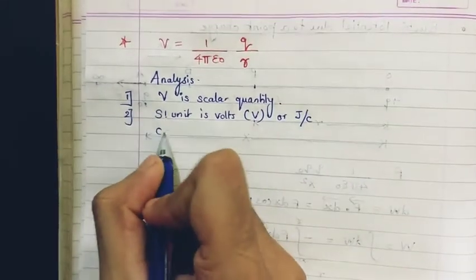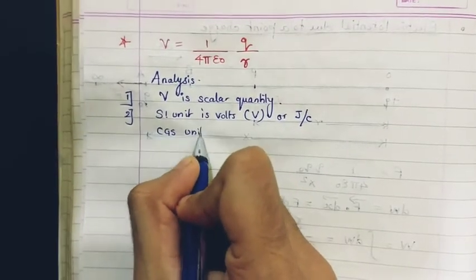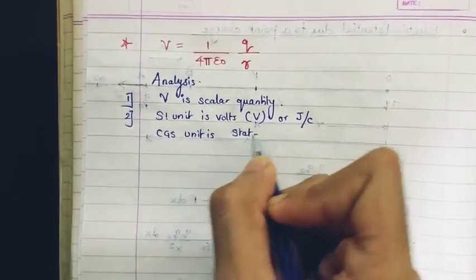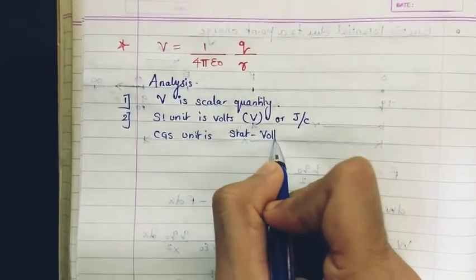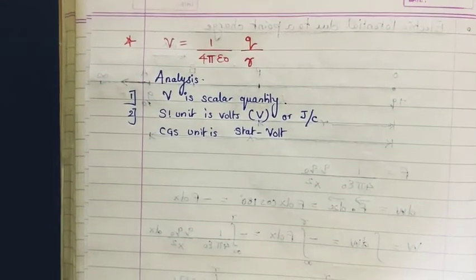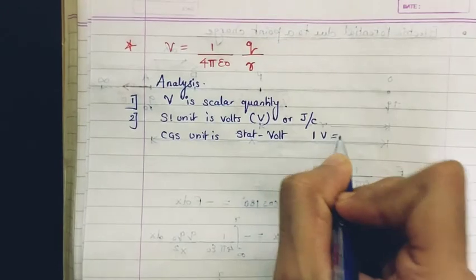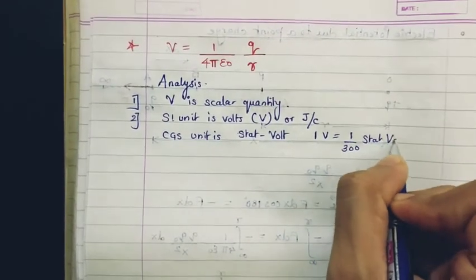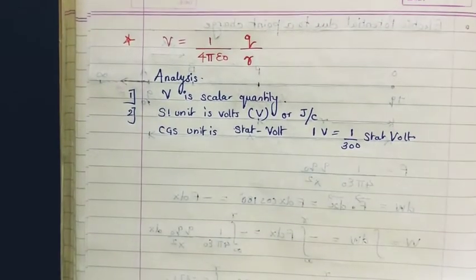Okay, the CGS unit of the electric potential is the stat volt, and the conversion is 1 volt is 1 upon 300 times stat volt. Okay, this is the conversion.